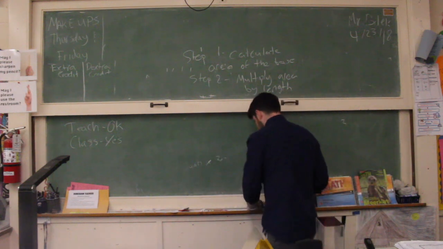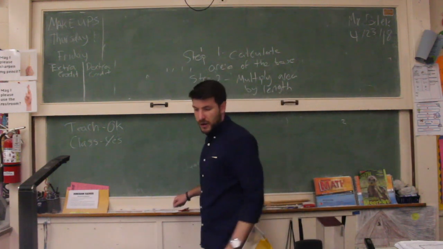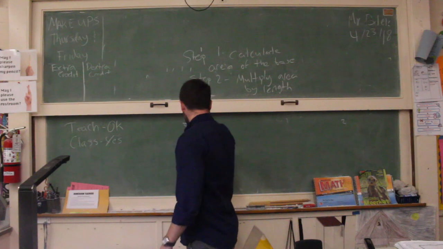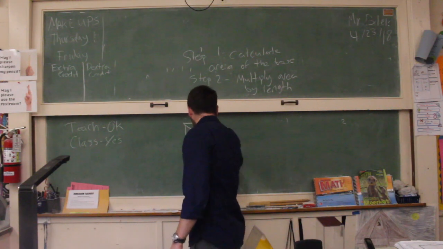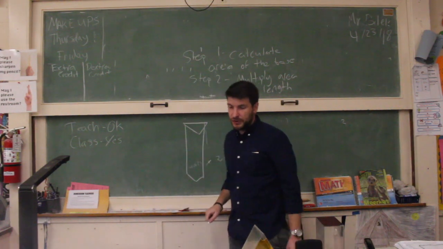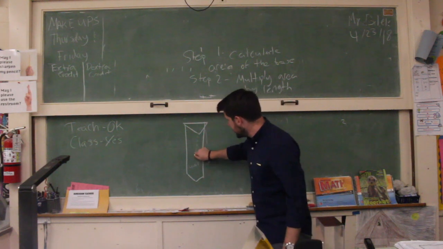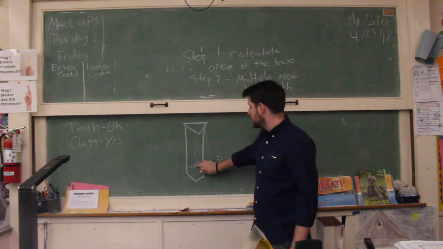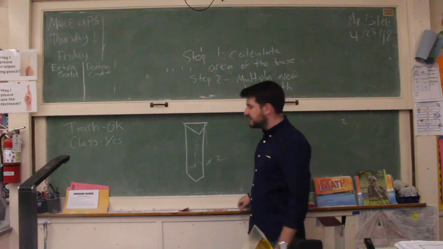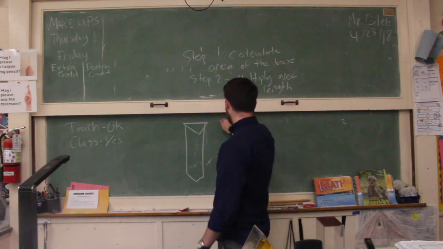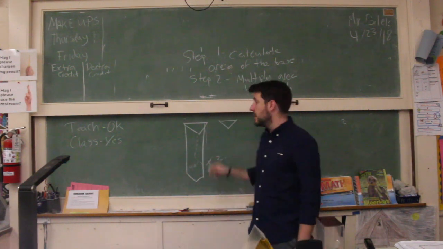If you could draw for me this prism right here. So here we have another triangular prism. We're going to use this triangle up here to find our area.